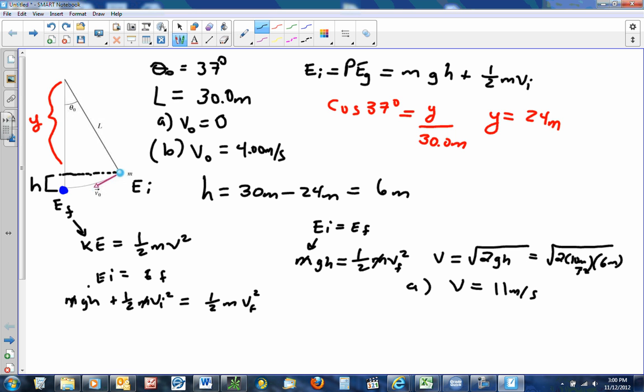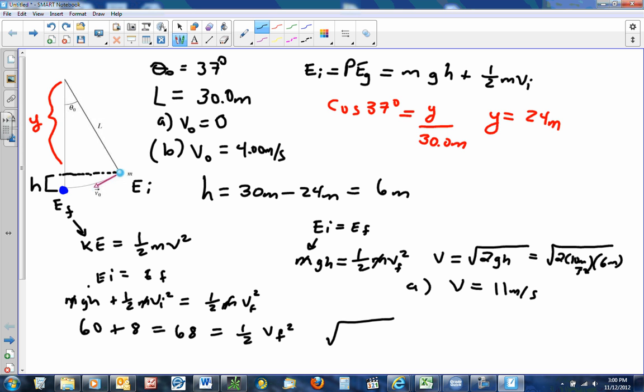Again, my m's divide out, and we're going to have 60 here plus, what is this, 4 squared? It's going to be 8 here. So I have 68 equals, oh, this m divides out, 2 equals 1/2 vf squared. So 68 times 2 is 136.